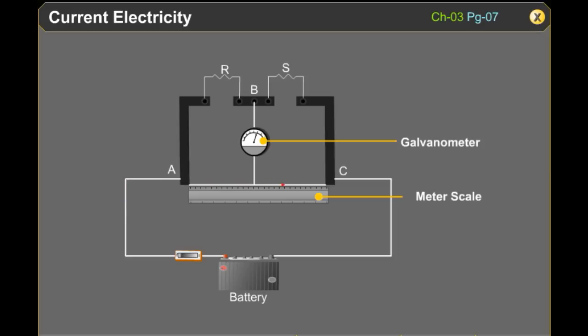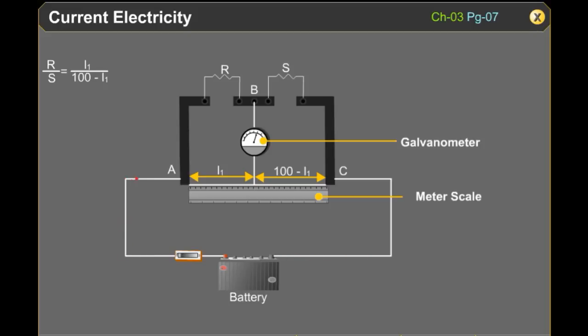The 4 resistances of the bridge at the balance point are R, S, R centimeter l1 and R centimeter 100 minus l1. Thus, the balance condition is R by S is equal to R centimeter l1 by R centimeter 100 minus l1, which is l1 by 100 minus l1.